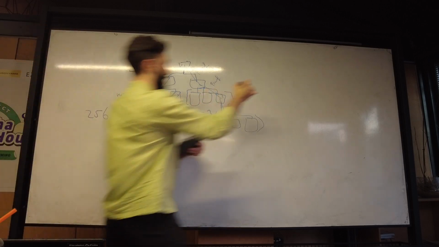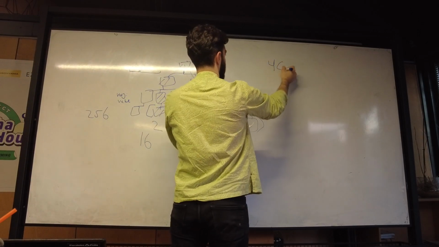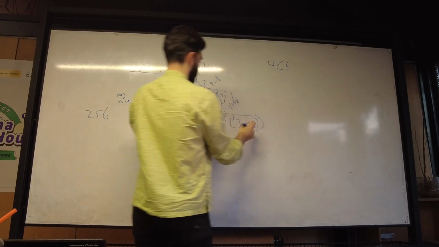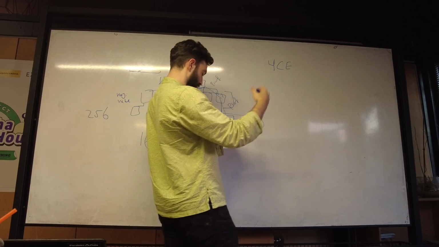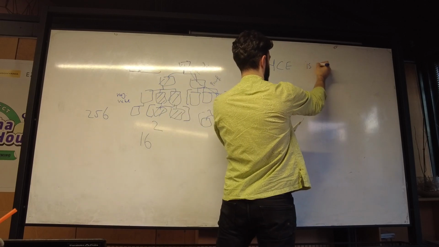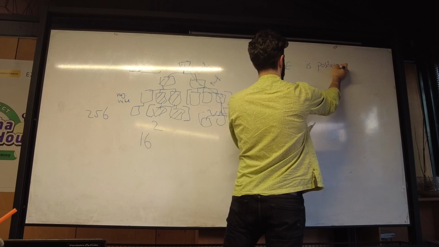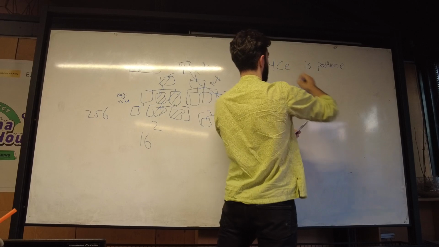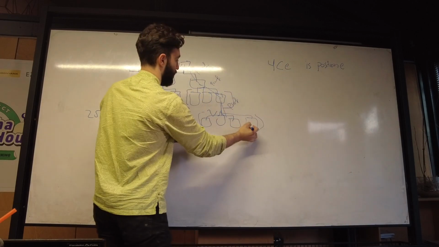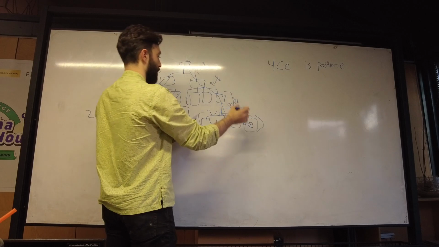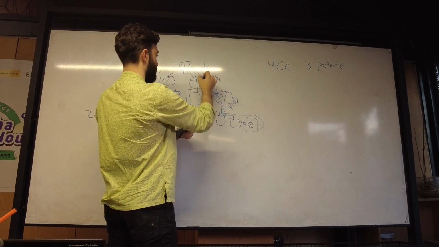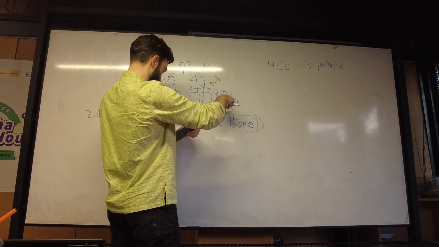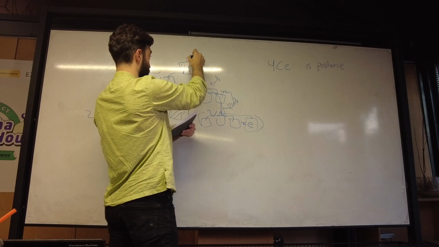So we can say, for example, given a leaf 4CE, we want to prove that it's in position E. So this is 4CE. Here, this would be 4C. This would be 4, and then we have a root.